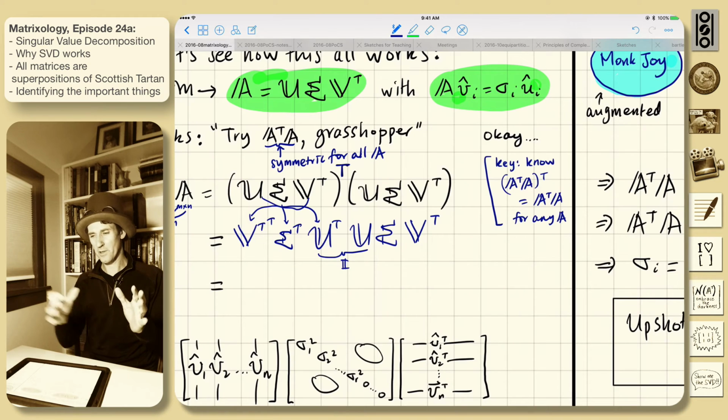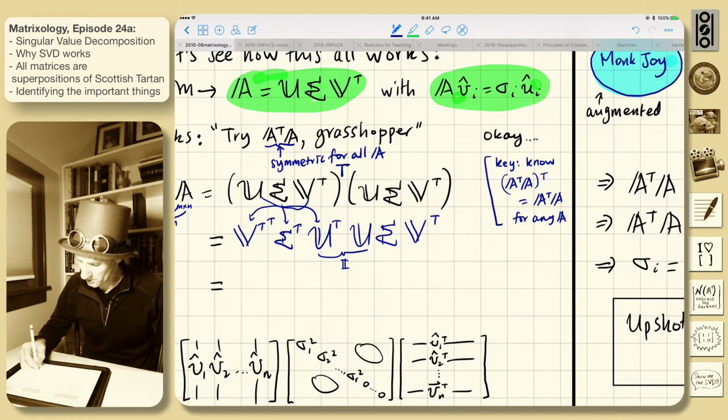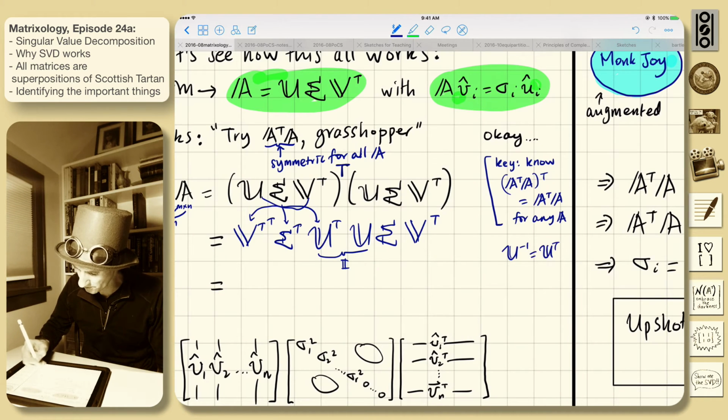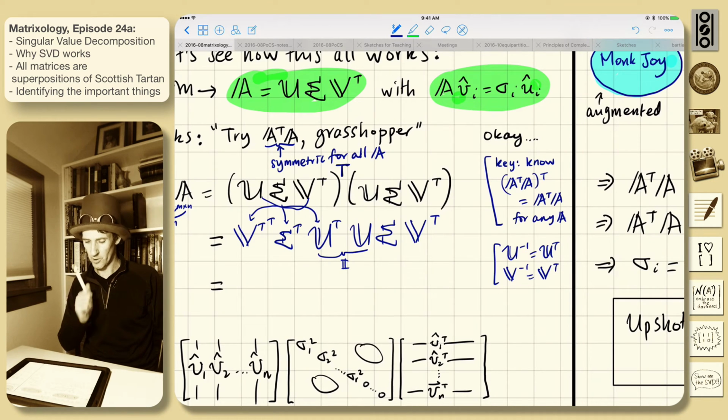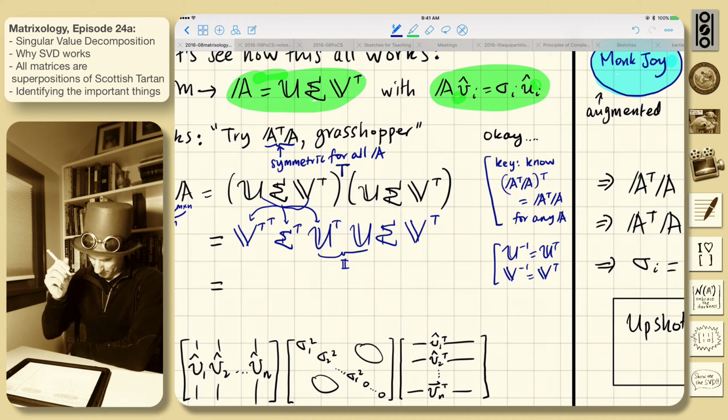They form an orthonormal basis. So U and V are both orthogonal matrices. Their inverses are just their transposes. U minus 1 equals U transpose. V minus 1 equals V transpose. Good. Because we believe.